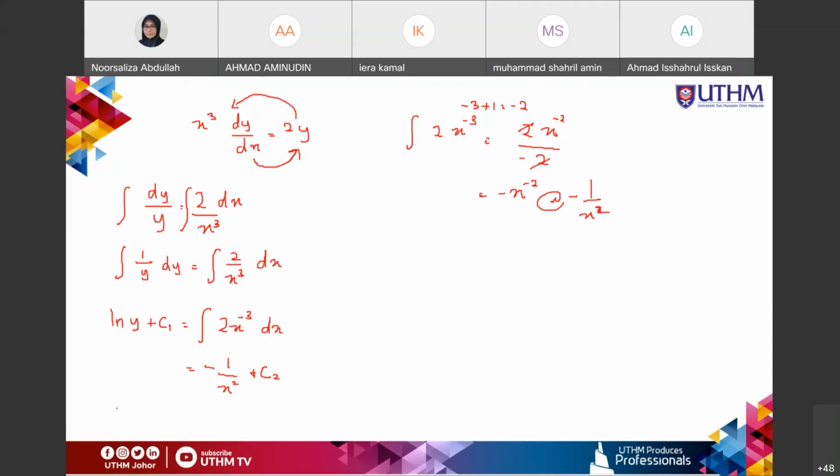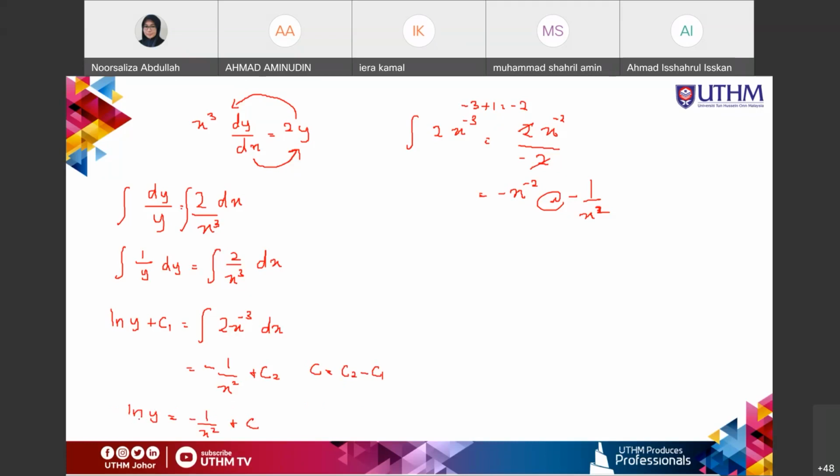Ataupun sama juga dengan ln y equals to minus 1 over x square plus c, where c equals to c2 minus c1. Okay, faham? Faham. Okay, next.